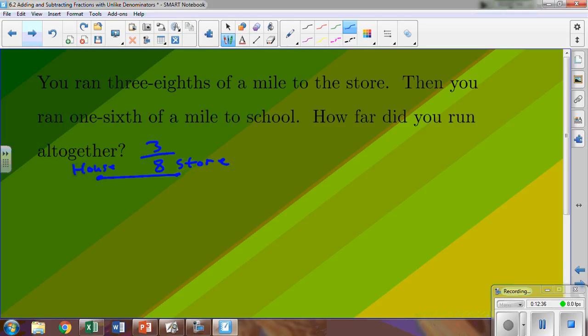From the store, you ran to the school, which was 1/6. Well, notice if you take two paths together, this is saying take 3/8 of a mile and then another 1/6. It's really common to need to add fractions when you're talking about adding distances.